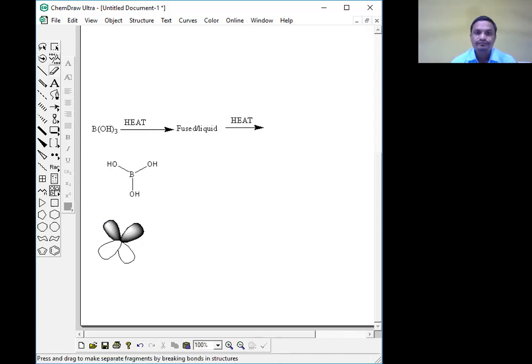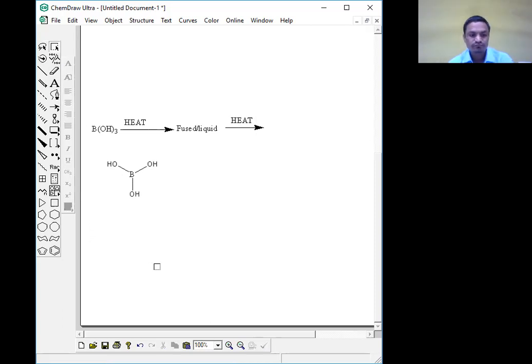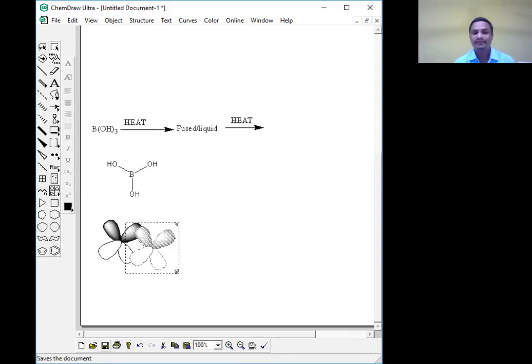In the given diagram, the overlapping shown is like this.